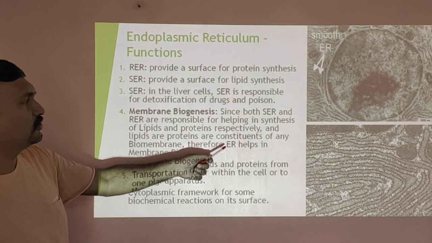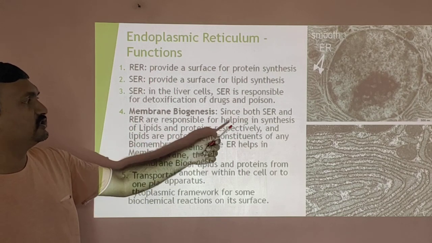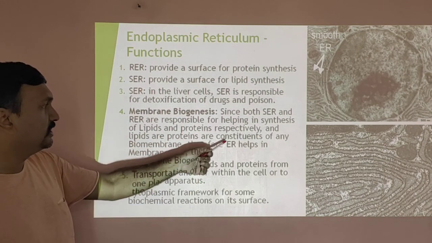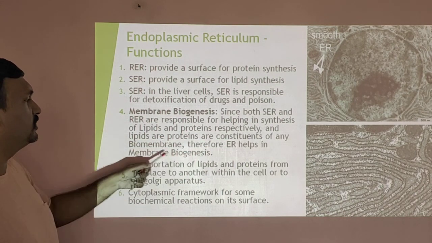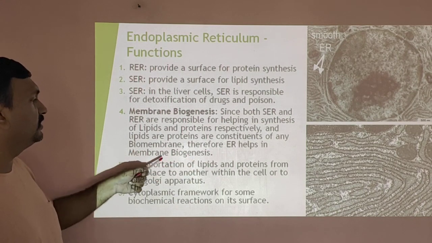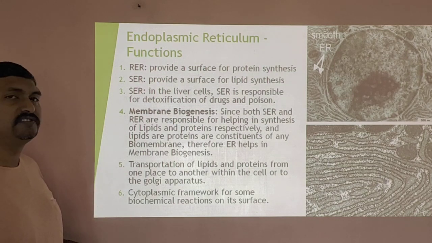So I am reading out this sentence. Since both SER and RER are responsible for helping in synthesis of lipids and proteins respectively, and lipids and proteins are constituents of any biomembrane, therefore ER helps in membrane biogenesis. Transportation of lipids and proteins.